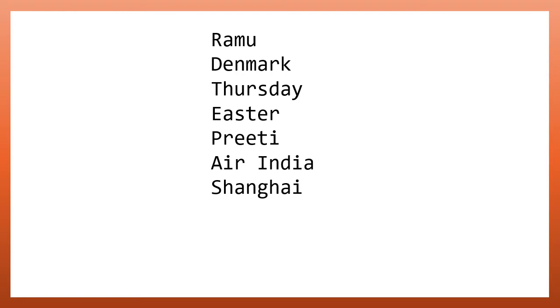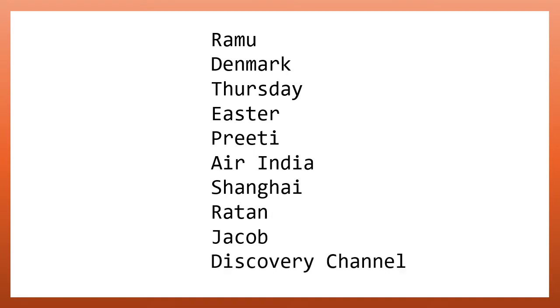Next is Ratan, R-A-T-A-N, R is capital. Jacob, J is capital. And Discovery Channel, D and C are to be written capital. So this way you have to find out the proper nouns and then rewrite them in capital letters.